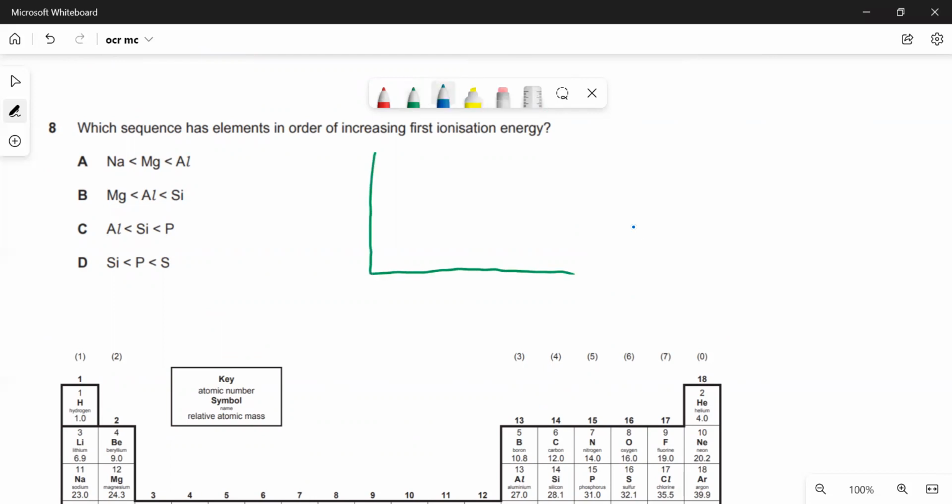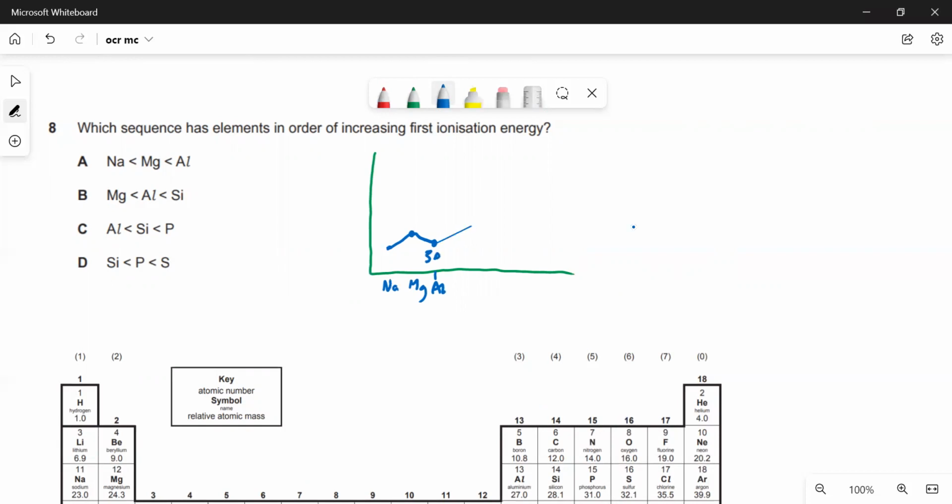For sodium it's low because it's coming from 3s. For magnesium, it's going to be a bit higher because it's coming from 3s, but there's a bigger nuclear charge. Then it dips down a bit for aluminium, you remember, because it's coming from 3p now, not from 3s.